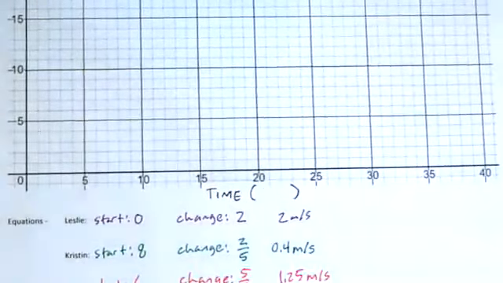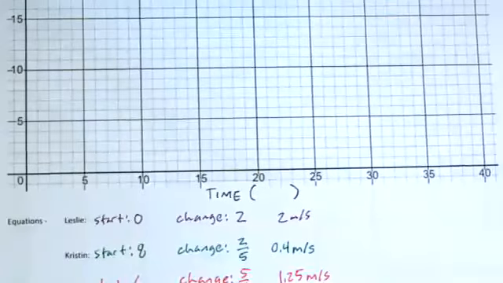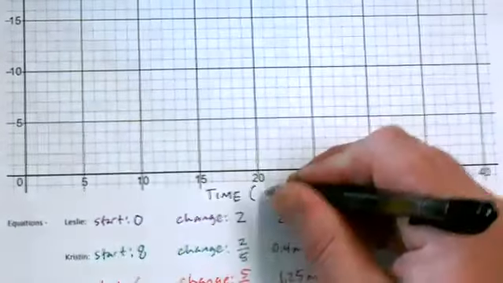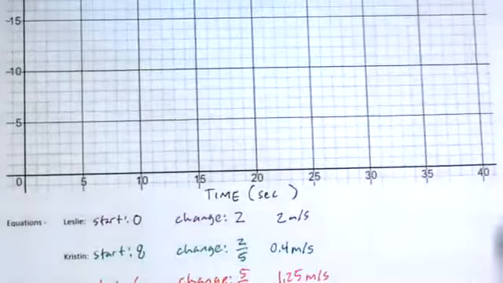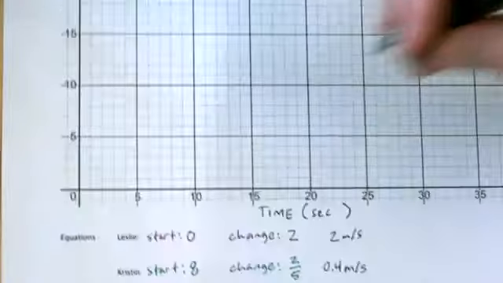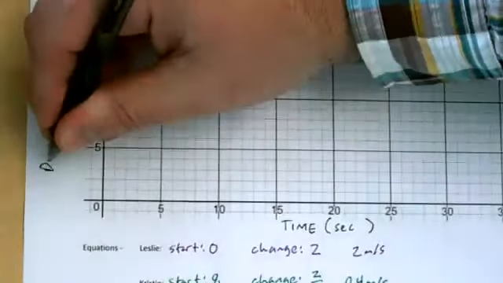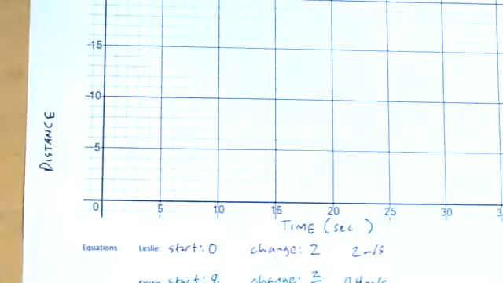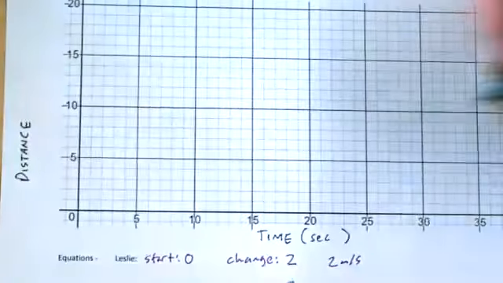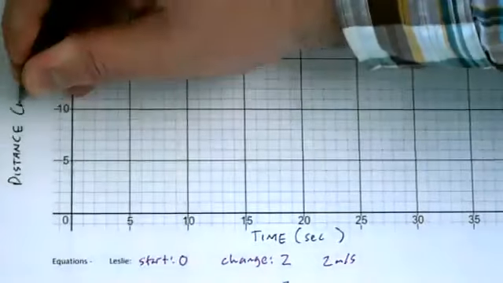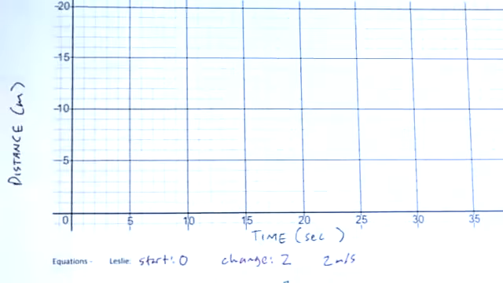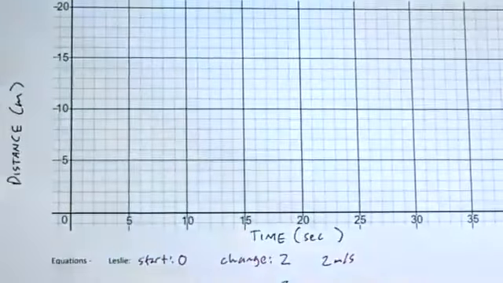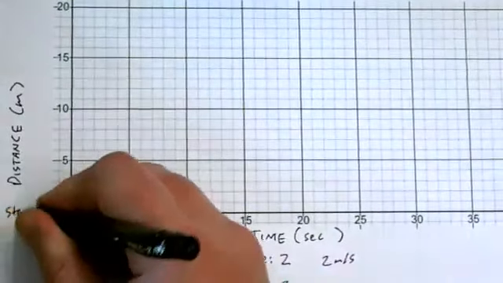What units did you see pop up in the explanation? Was it weeks or days or minutes, seconds? Time is in seconds. And then the y-axis is going to be distance. What distance units were you seeing in our reading there? Distance in meters. And we said 0 was going to be the starting line.